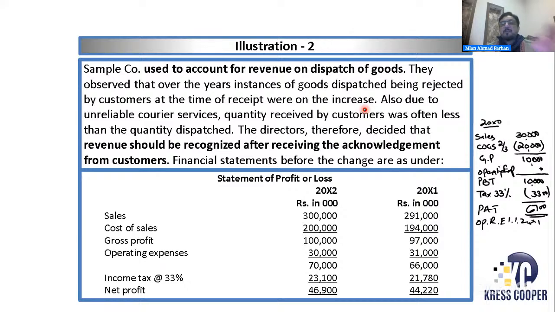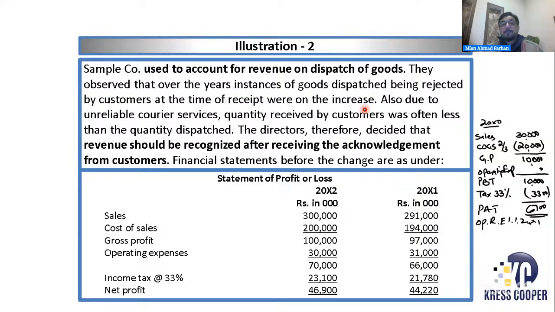So the customers said that no, we will not take control right from your gate. Rather, we will tell you how much quantity and of what quality we have received the goods. Therefore, the control should be passed on to them at the point in time when they acknowledge that this much goods have been received.